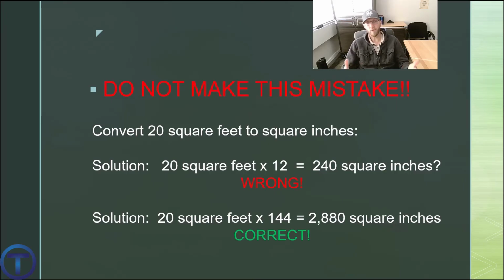I mean, we're talking about more than 10 times the difference. So this is a mistake that's commonly made as we're in a hurry to convert things from square feet to square inches, like, okay, times it by 12 and move on. But slow down, pay attention to what you're dealing with, and make sure when you're going from square feet to square inches, you're using the correct multiplier of 144.